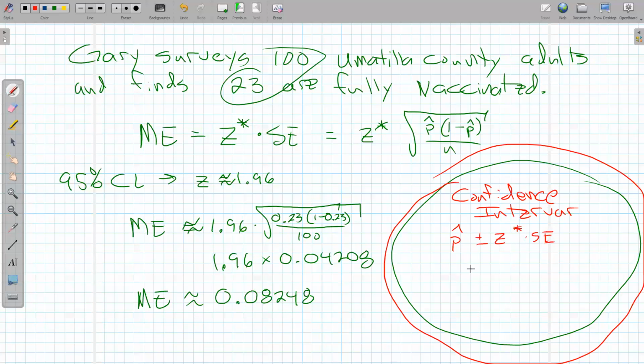This right here is our margin of error. So p-hat plus or minus the margin of error. My p-hat is 0.23. My margin of error is 0.08248, plus or minus. Usually we state that as an interval, parentheses lower, comma, upper. So we need to calculate those.